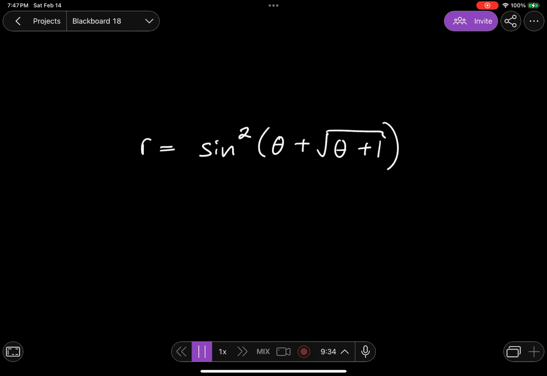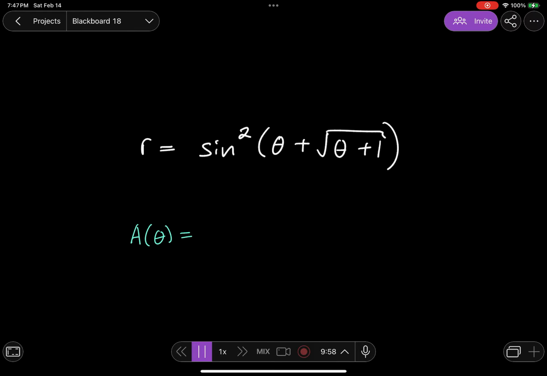So what I'm going to do is say that a of theta, let's just call it, it seems like I want to do the outermost function. So I want to write R as the composition of functions. I actually see 3 different functions, it could be even more than that, that r can be expressed as.